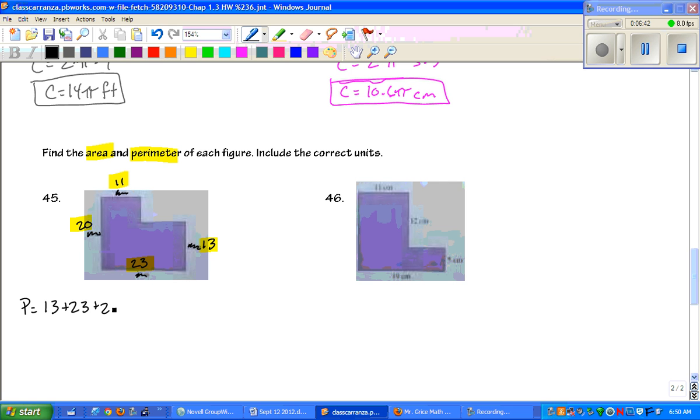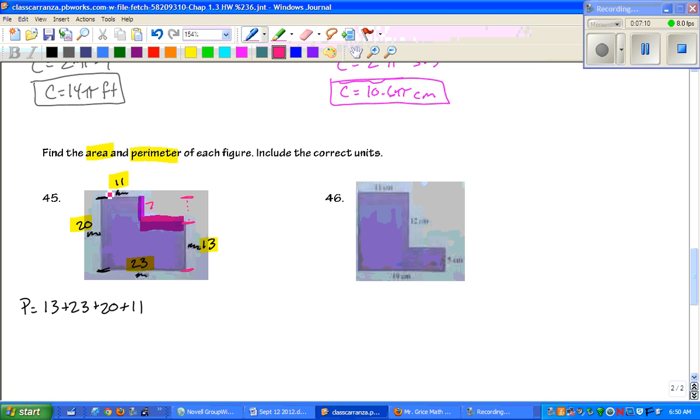Hopefully you're saying no. The missing sides we need are that side right there and that side right there. So this whole length is 20. So this needs to be 20. This is 13, so this missing piece right here needs to be 7.